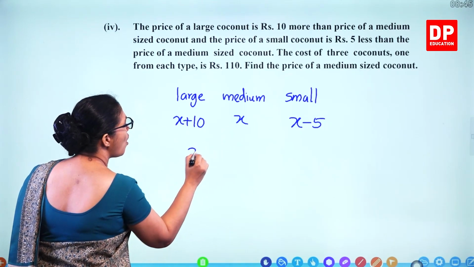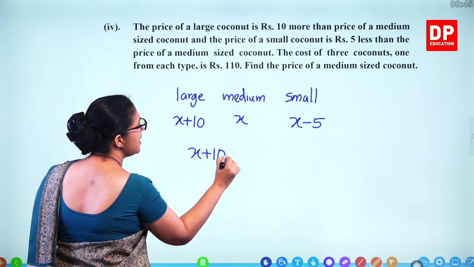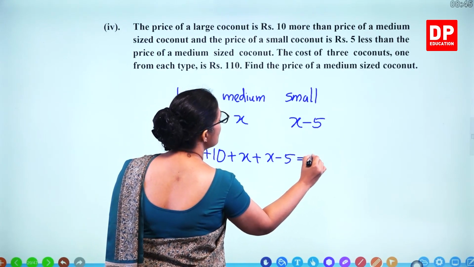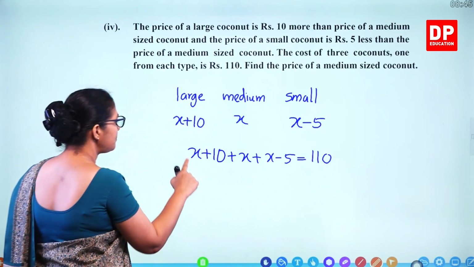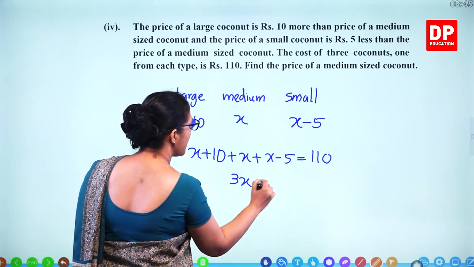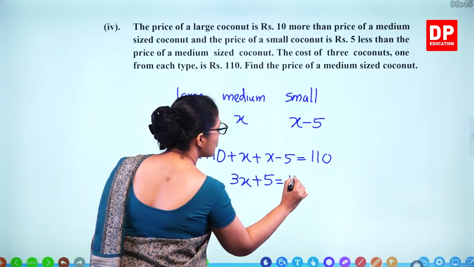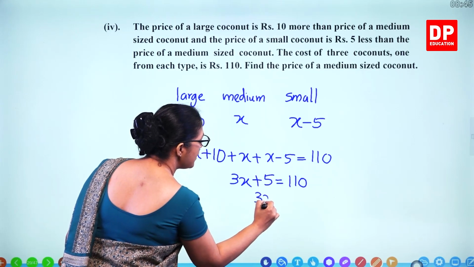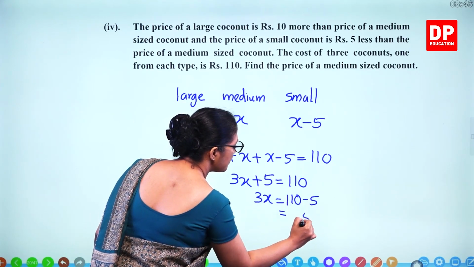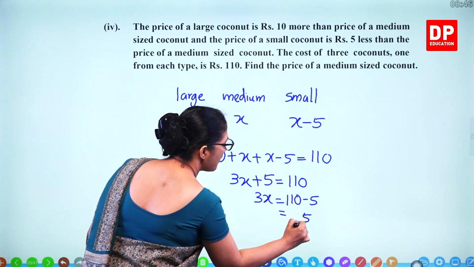So when you add all these, x plus 10, plus x, plus x minus 5 is equal to 110. 3x plus 10 minus 5, that's 5, is equal to 110. So 3x becomes 110 minus 5, you get 105.